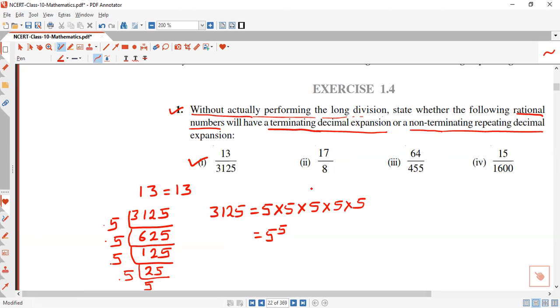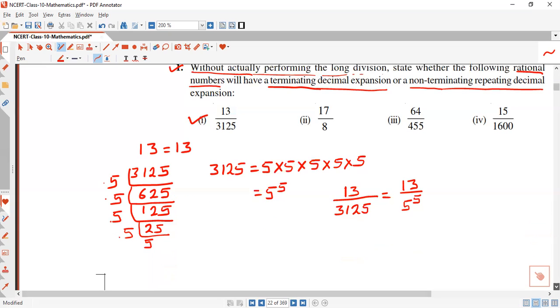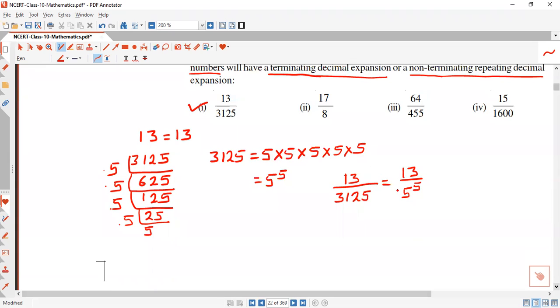So the number 13 upon 3125 can be written as 13 divided by 5 raised to 5. You see that now we look at the numerator and denominator. They are co-prime. No prime number is common in the numerator and denominator.